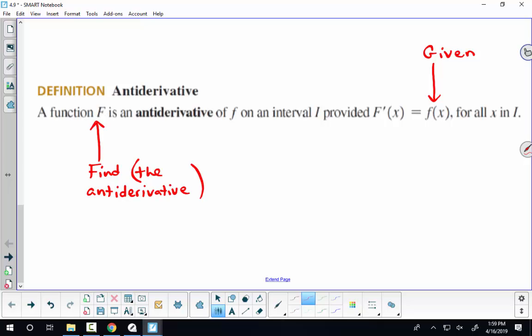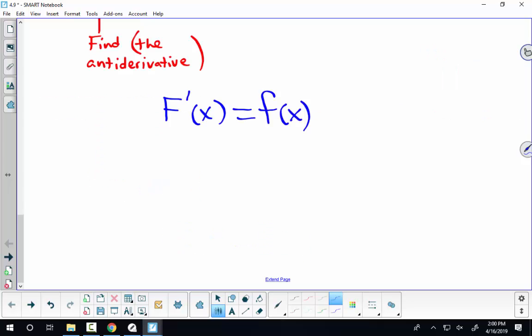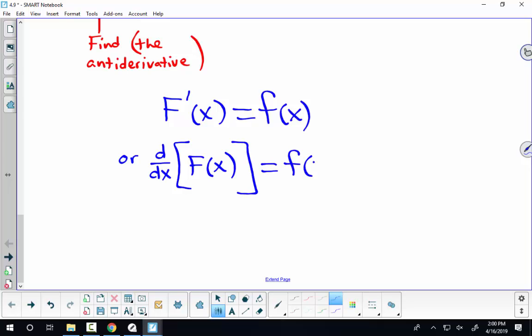The last part of that sentence says that the derivative of the antiderivative is the function itself. So when we write that, that's the derivative, or if you want to see it in a different notation, that's the derivative of the antiderivative is the function.